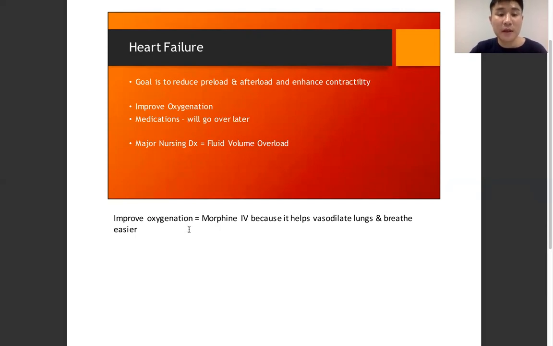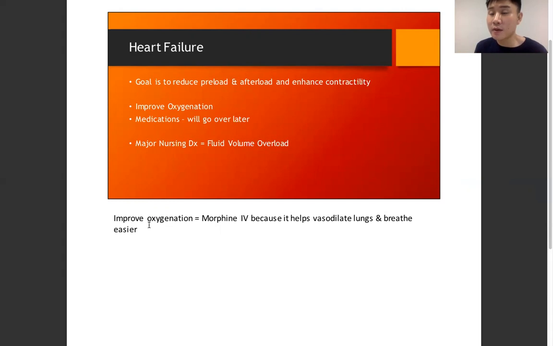You're welcome. So when we learn in nursing school, morphine is an analgesic, an opioid medication. Opioid medication is not supposed to be given to patients who have difficulty breathing.